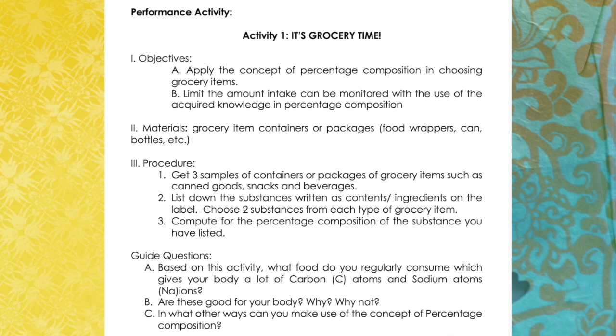And then, answer the following questions. Number 1, from these labels, identify which one can be a good source of carbon and sodium. Number 2, are these substances good for your health? Why? And 3, in what other ways can you make use of the concept of percentage composition?